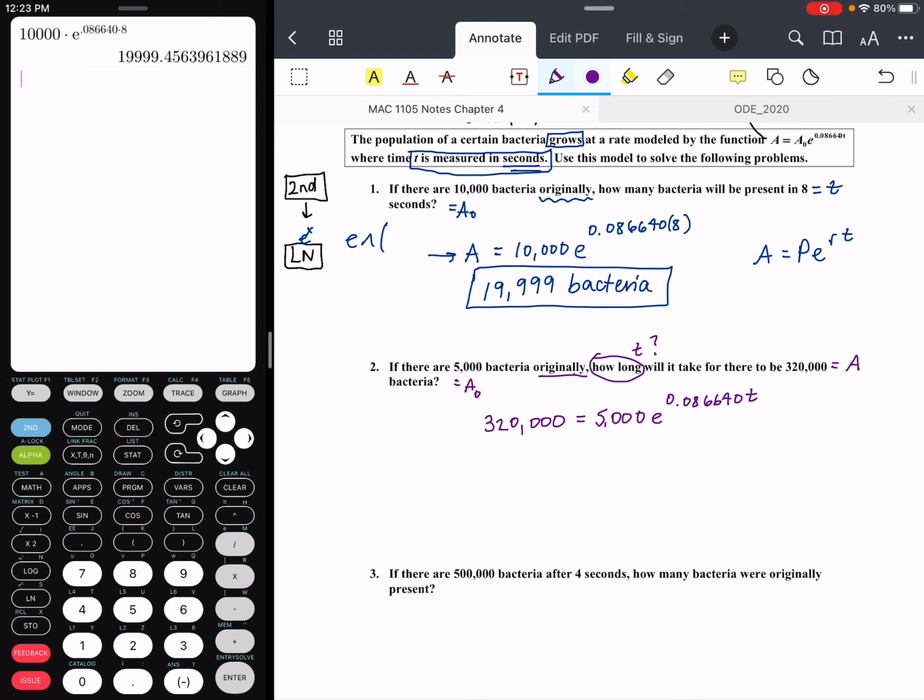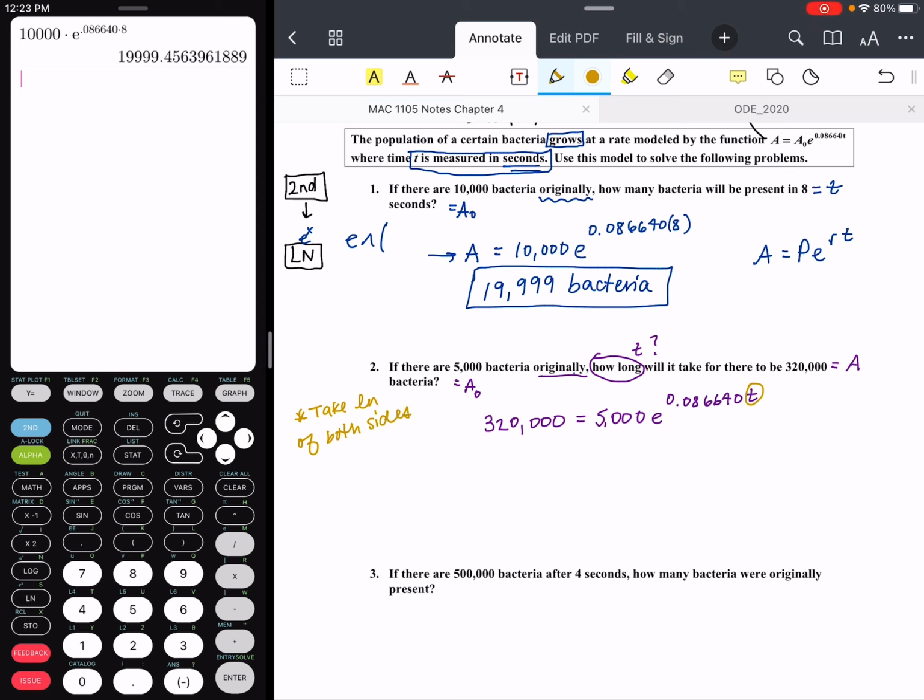All right, so in number 1, it was just, do you know how to use your calculator? We just needed to perform that calculation. Now for number 2, we're going to need to solve for t, and t is up in the exponent. So we're going to need to use techniques from the previous section where we were solving exponential equations. So I'm going to use that method where we take the natural log of both sides.